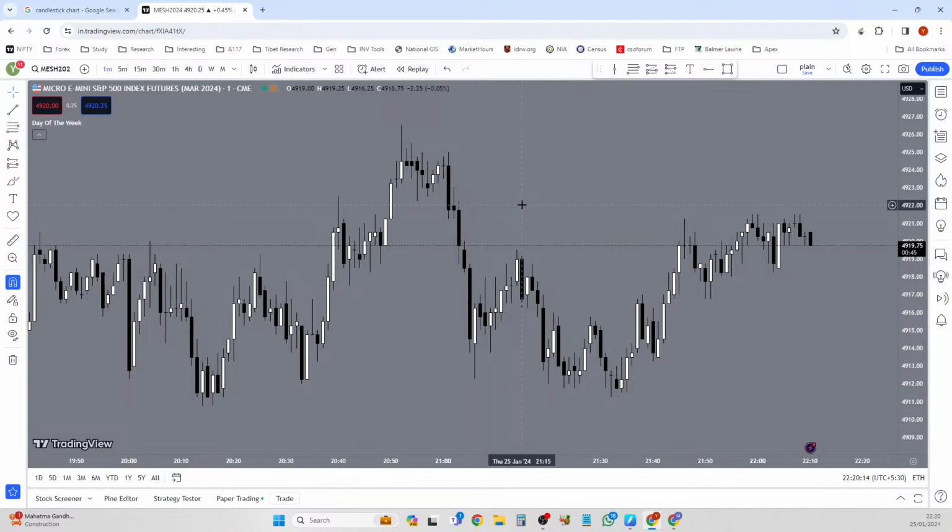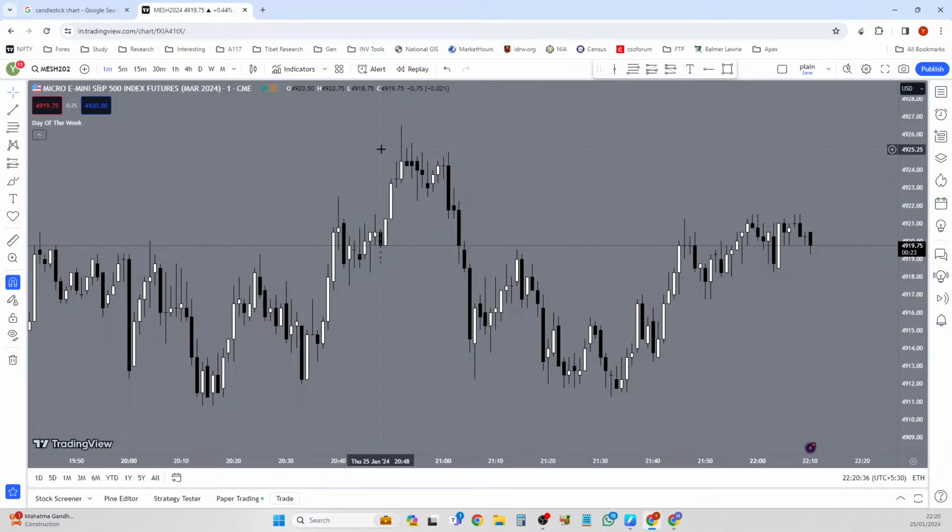Now that the bullish candle and bearish candle are understood, I would want you all to just spend some time looking at different candles, trying to understand where it opened, where it closed. Just try to get familiar with the high and low, how the candles are forming.